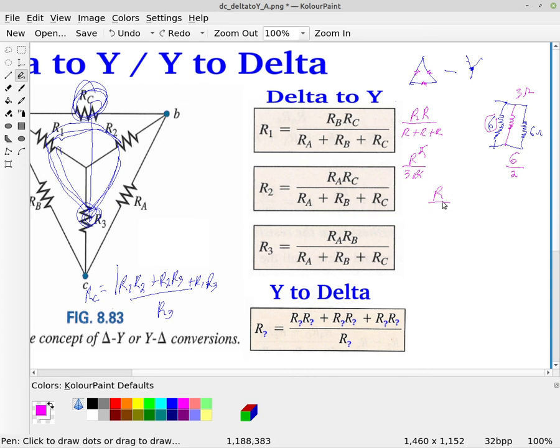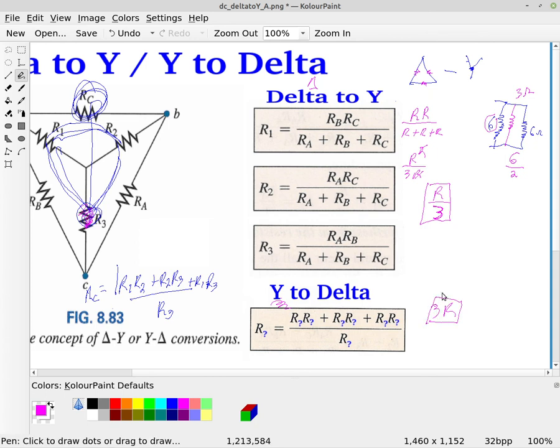So if you have the case where all your resistances are the same, and you're going from the delta to the Y, you simply divide one of those resistors by 3 to get each of the individual Y resistors. Similarly, if you're going from a Y to delta, you would multiply. So you would take the series one and multiply it by 3 if you were going from a Y connection to a delta connection.